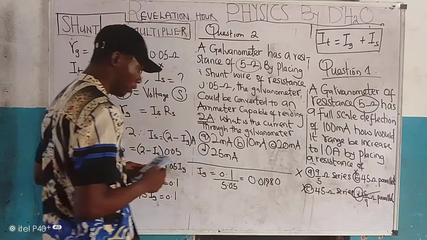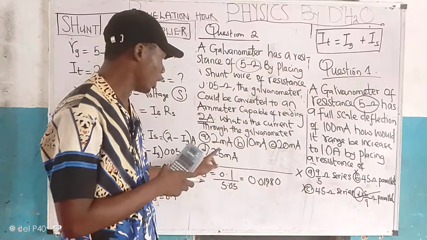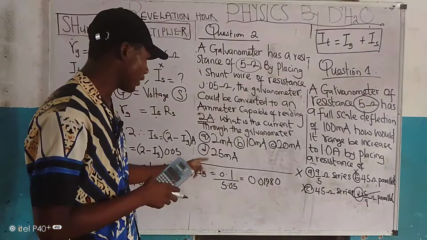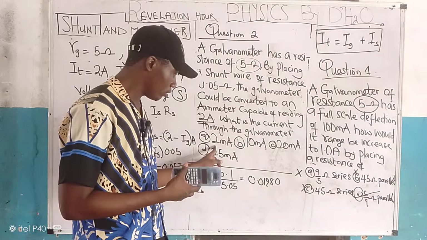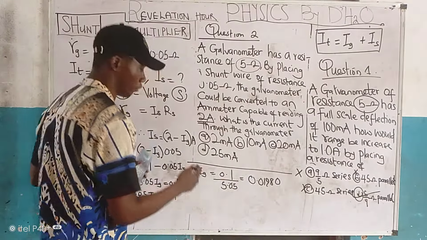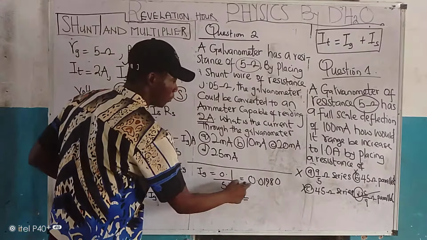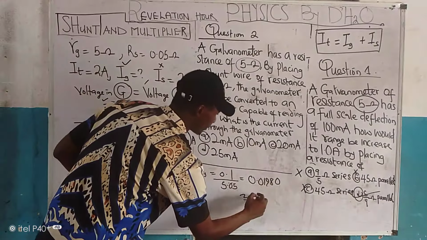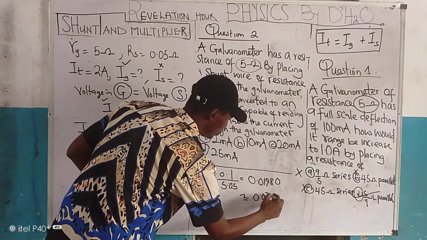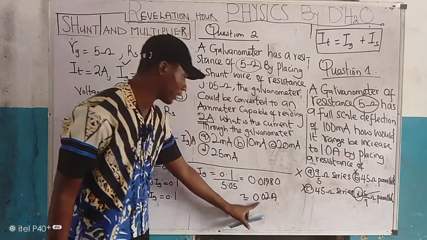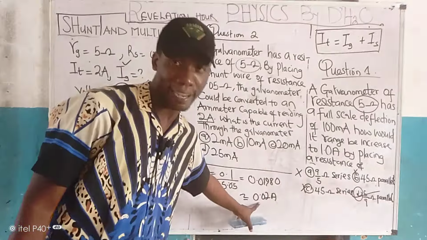0.01980. Wow. Now, if you check the options, you will see that the options are given in whole numbers. So let's first of all approximate it. 0.0198 can give us 0.02 ampere. This is the current that is flowing in the galvanometer.